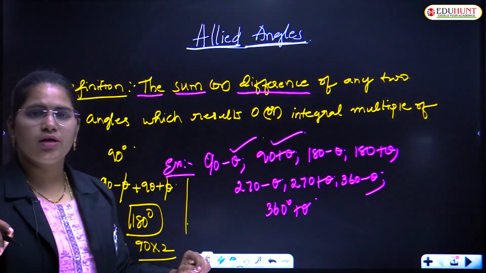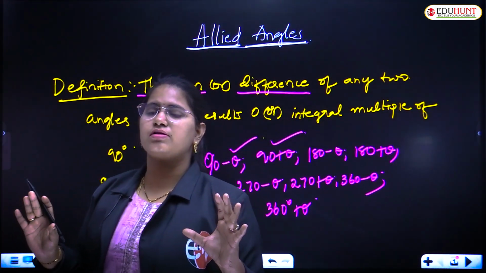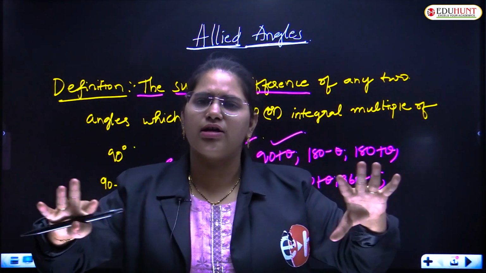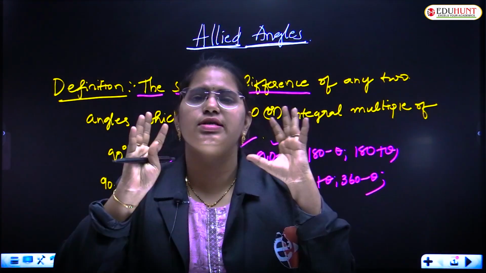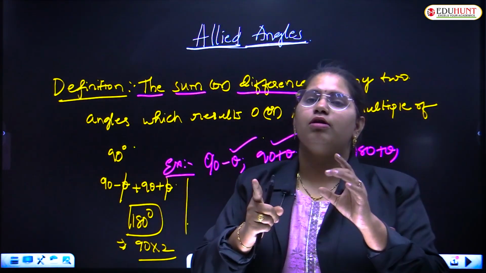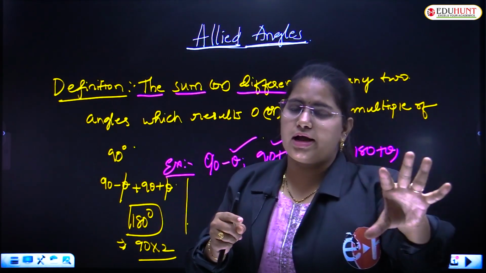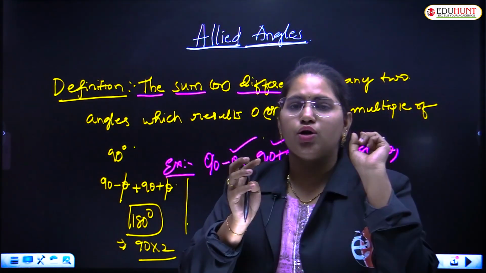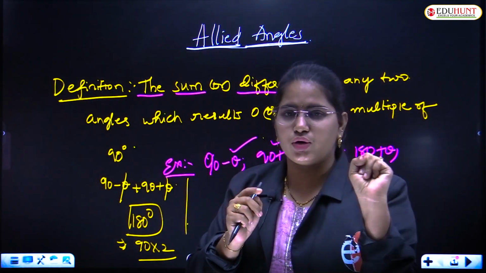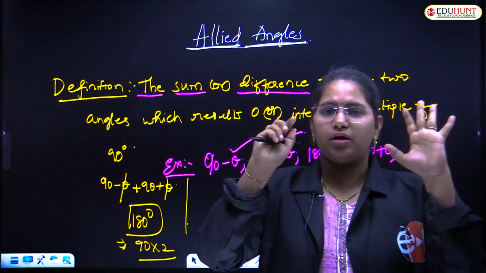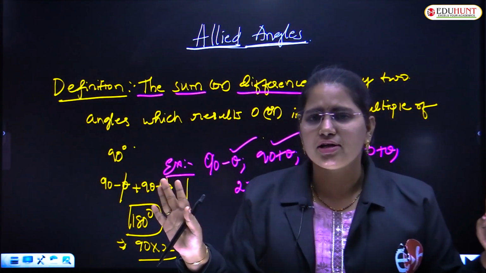What is the definition as per the concept of allied angles? Whatever two angles you consider, if you do either addition or subtraction between them, you need to get a resultant of 0 degree or an integral multiple of 90 degree.